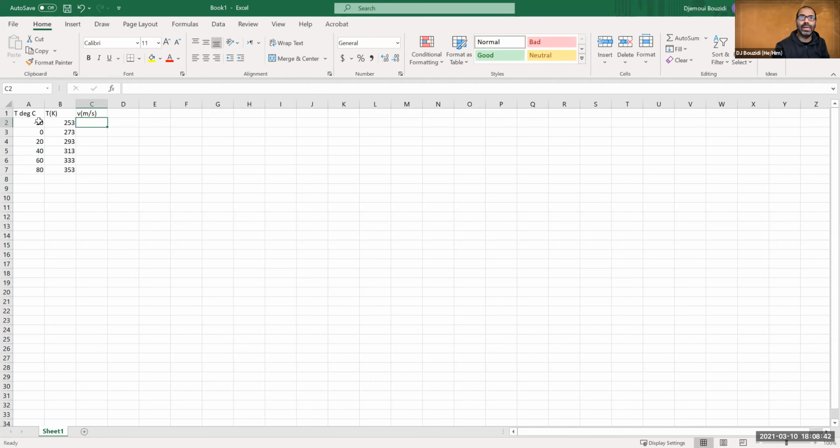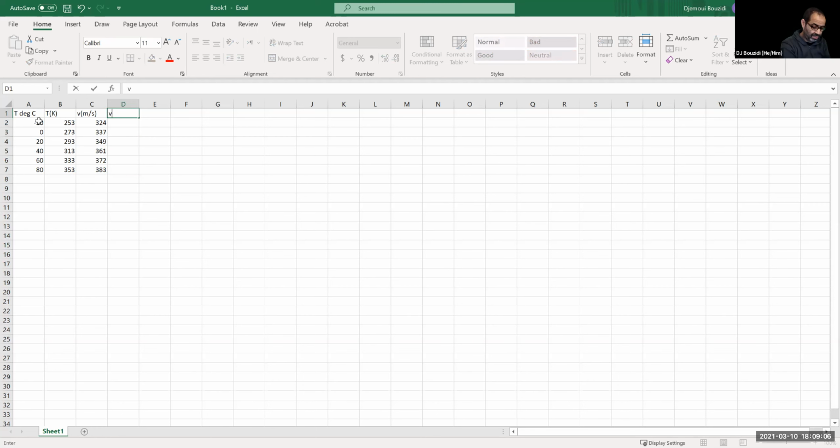They said that the first one is 324, the second one is 337, the third one is 349, and 361, 372, and 383. Okay, good. But we need the velocity squared now, V squared.